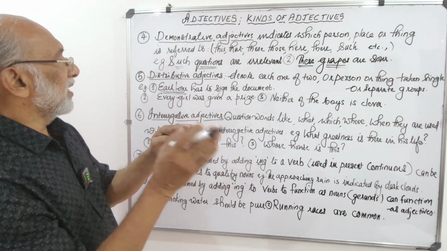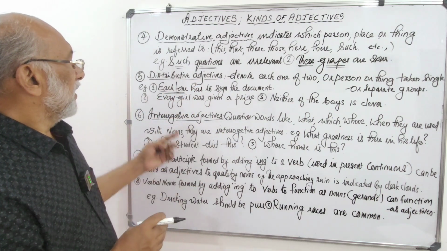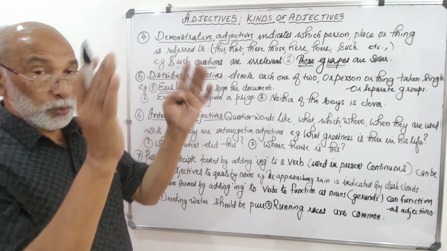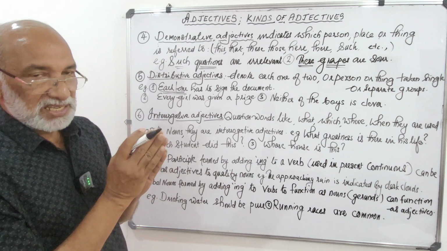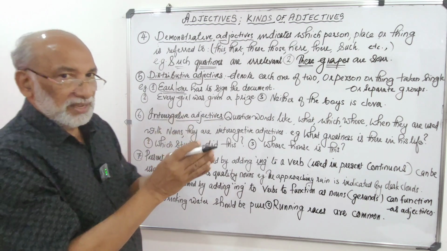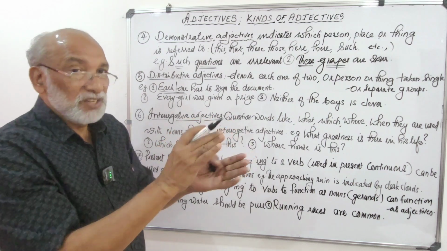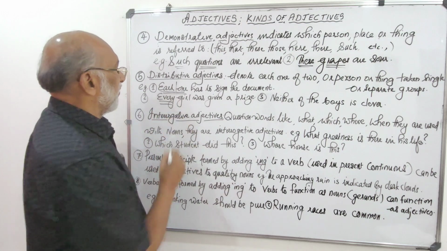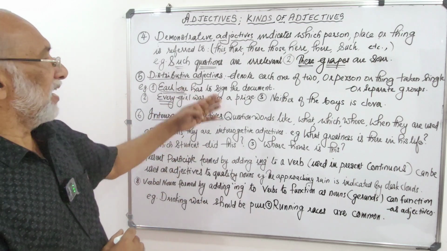Each one is considered separately. Every girl was given a prize. A large group is under consideration and we say every girl, they are considered individually, was given a prize. So every is a distributive adjective.